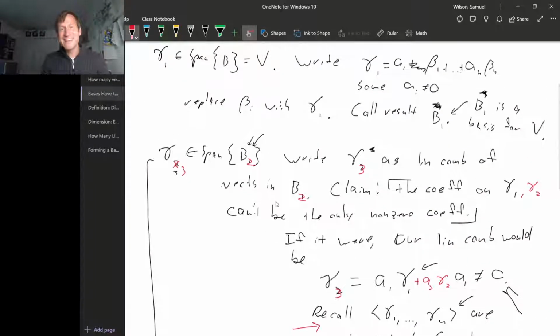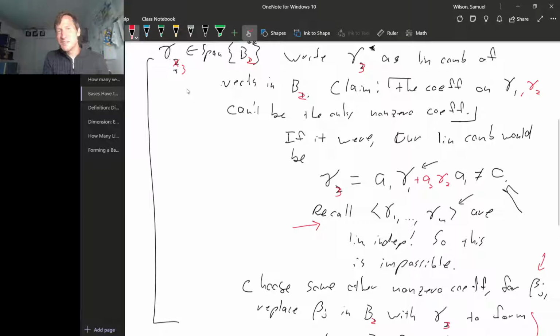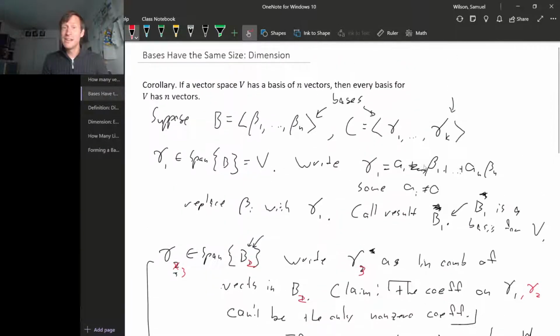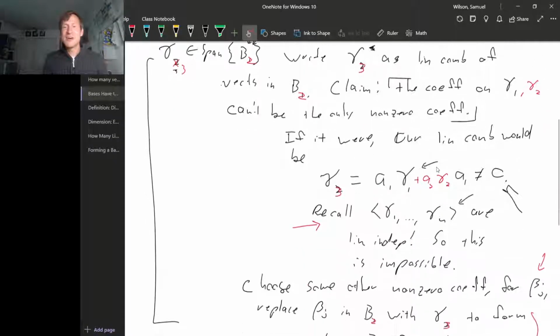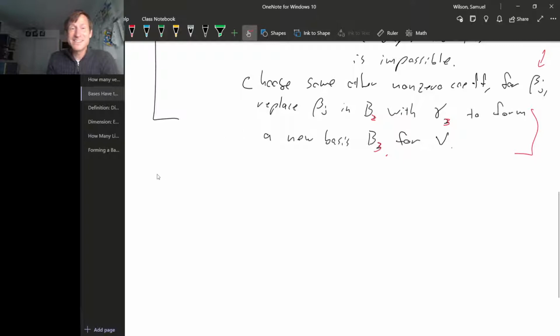Well, you can see that now that we've done it for gamma 3, we can do it for gamma 4 and then gamma 5 and so on. So just repeat this process over and over again. Now here's where we use the finiteness. Since B and C are finite, this process has to stop.